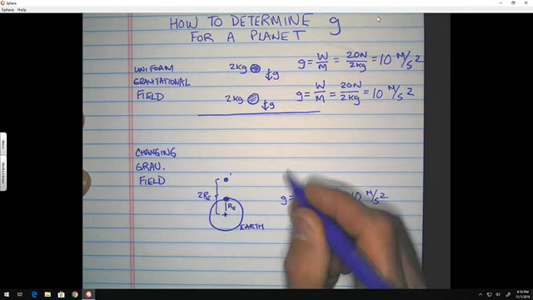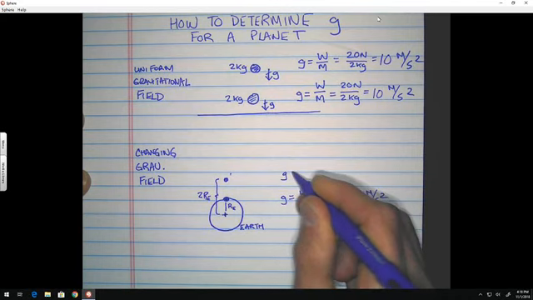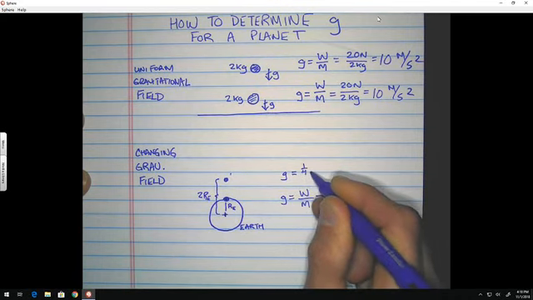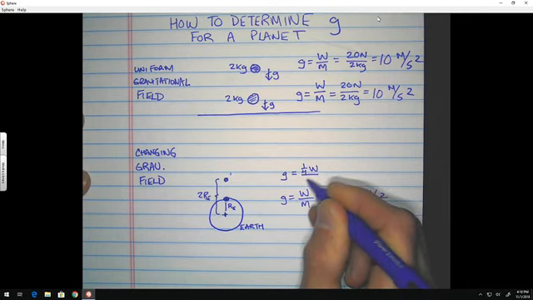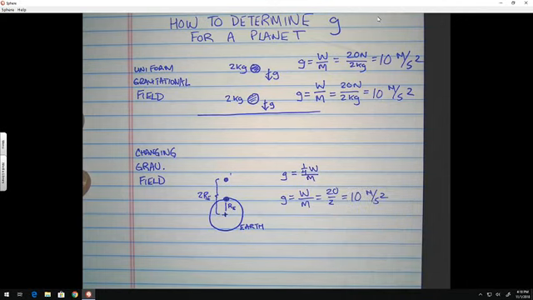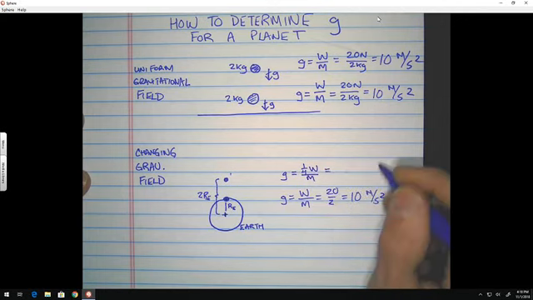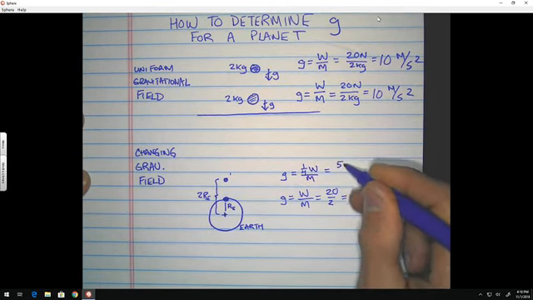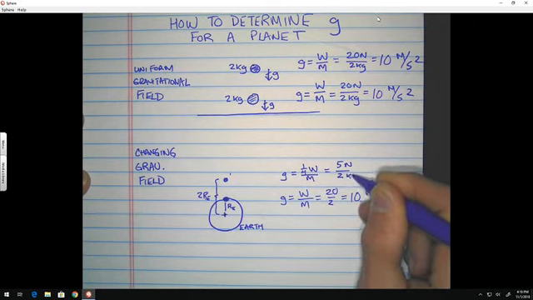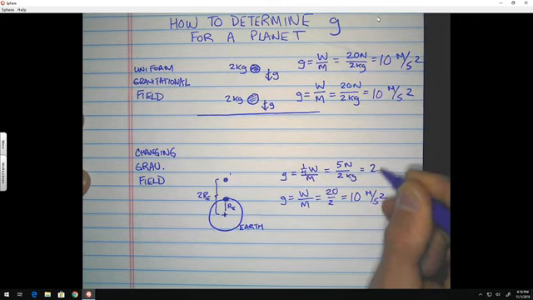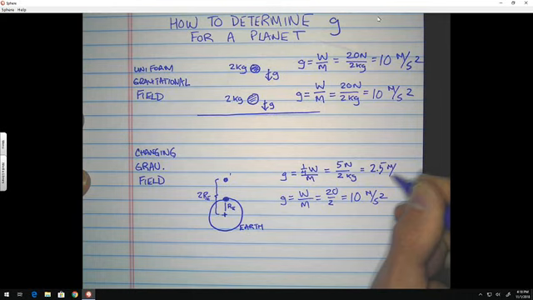So my g value in this location is now going to be equal to 1/4 of that weight, divided by the mass of the ball. If you want to put numbers in, 1/4 times 20 is 5 newtons, divided by 2 kgs, and that's 2.5 meters per second squared.